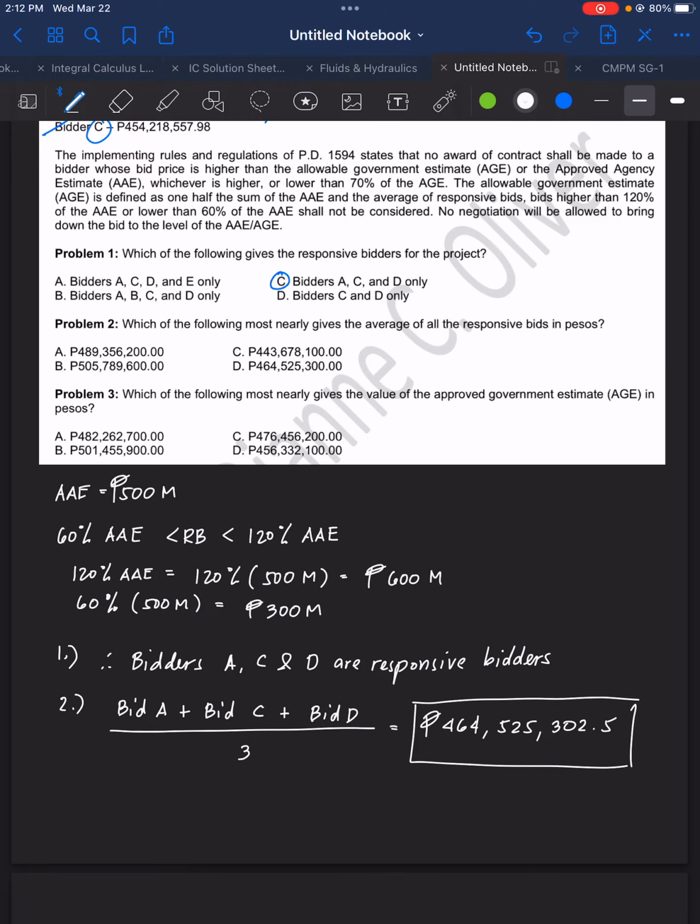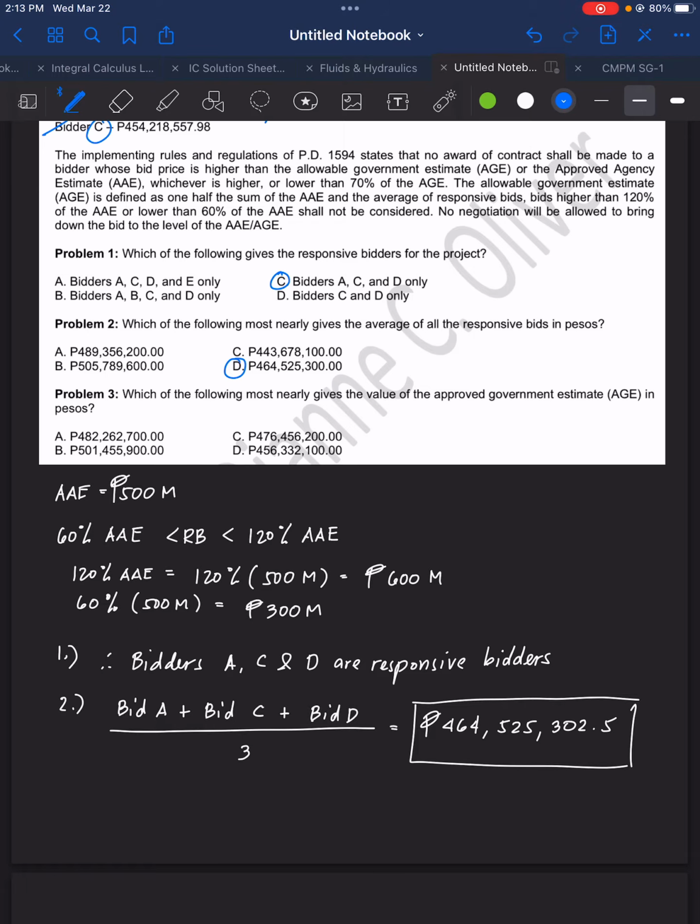So from the choices, it says they're most nearly. So not necessarily the exact value, but the nearest from the choices. So we have here letter D. So for problem number 2, the answer is letter D.